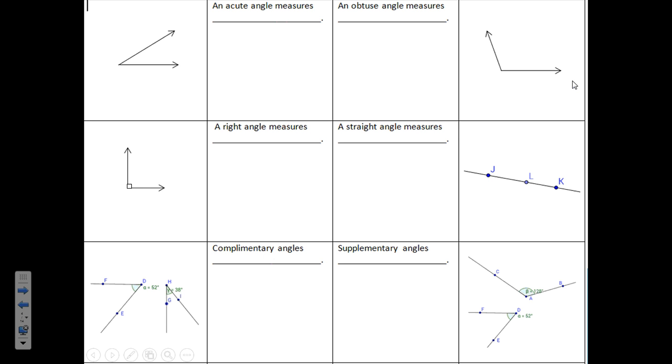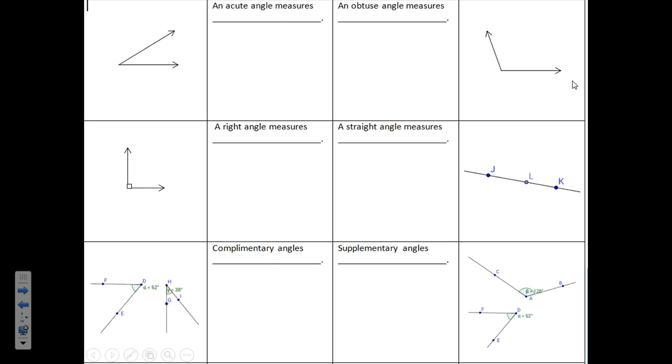And supplementary angles, what do they do? They add up to 180 degrees. So if you don't want to remember my story about complimentary breakfasts and big suppers, you can remember that C comes before S in the alphabet, and 90 is smaller than 180. Both are ways to remember that.